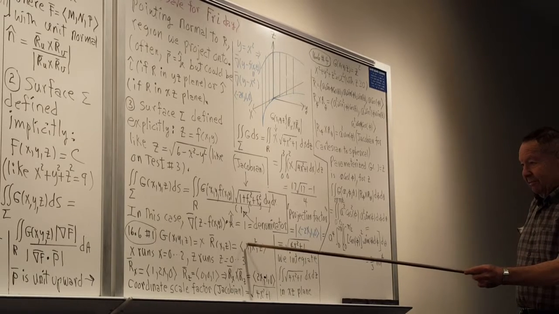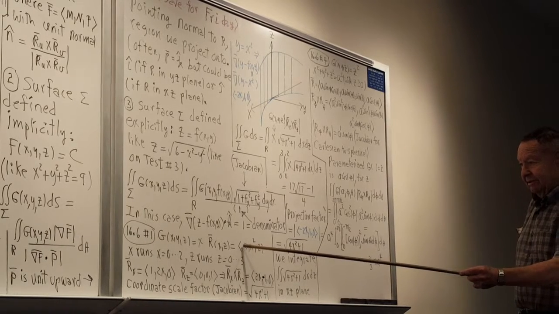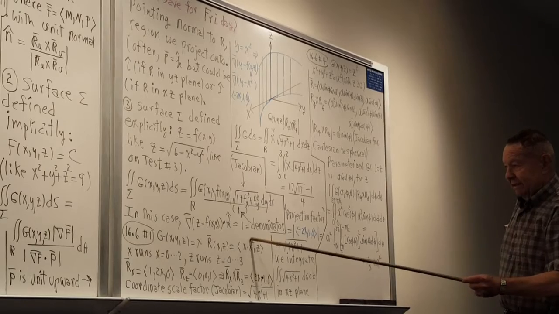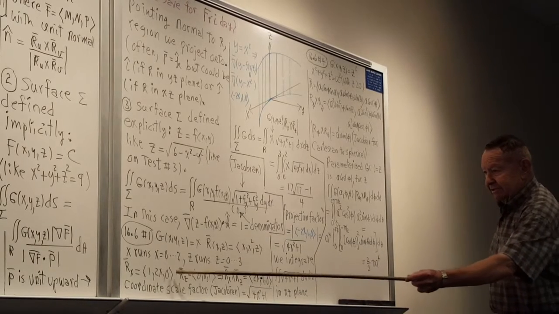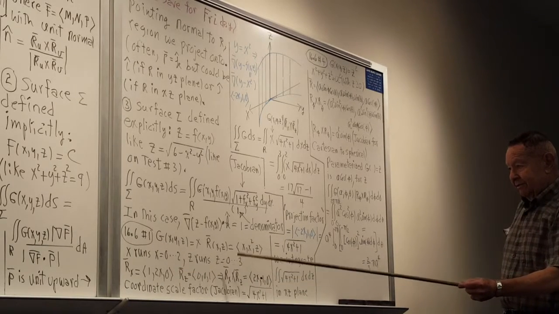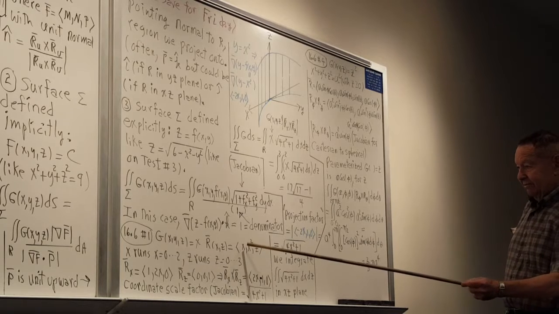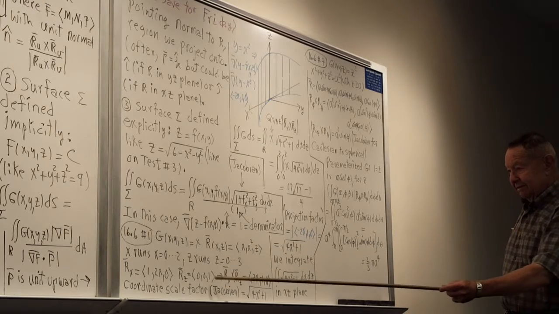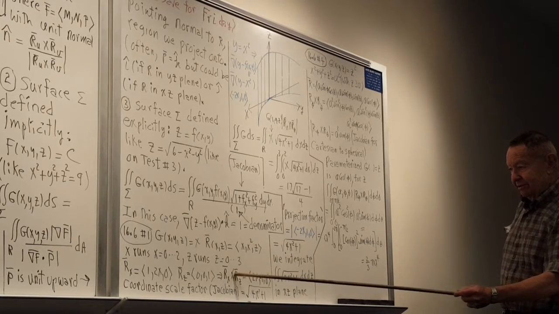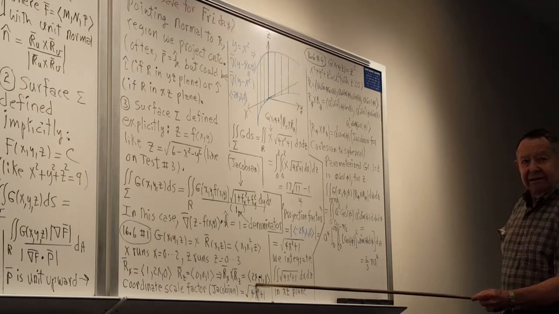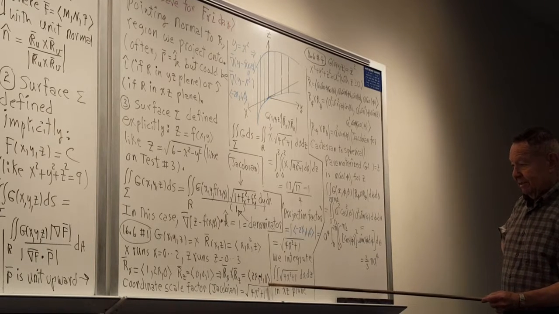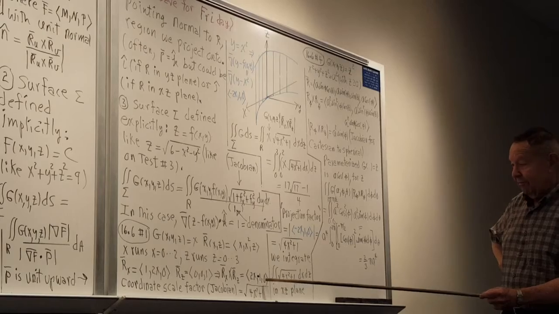So we do our partial with x, and you see we get 1 and 2x and 0. And we do our partial with z, and we get 0, 0, 1. And then we do our cross product, and we get 2x, minus 1 and 0.